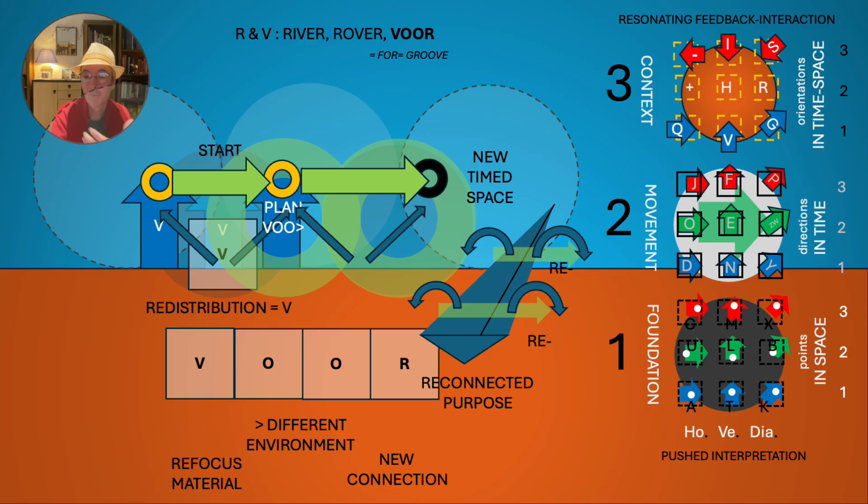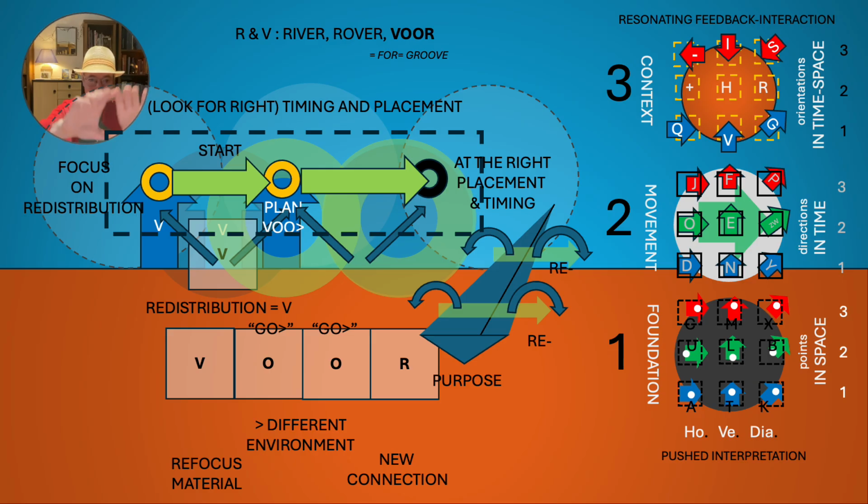VOOR means for, and it's also like you have here the readiness of that place where you have something available, place and time where you have something available, to place something and to time something, to put the seeds there. And of course the focus is on looking for the right time and place to do so, so that I can have that focus for redistribution all at the right time and place.